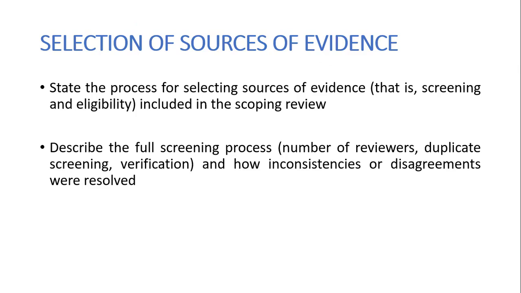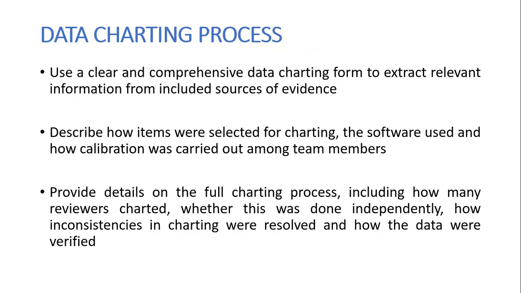So you have to mention how you have resolved such kinds of disagreement. Normally, we resolve disagreements by discussing with a third expert or third researcher. You have to mention the details, how many disagreements there are and how you have resolved them. Then the data charting process: use a clear and comprehensive data charting form to extract relevant information from the included sources of evidence and describe how items were selected for charting, the software used, how calibration was carried out among team members.